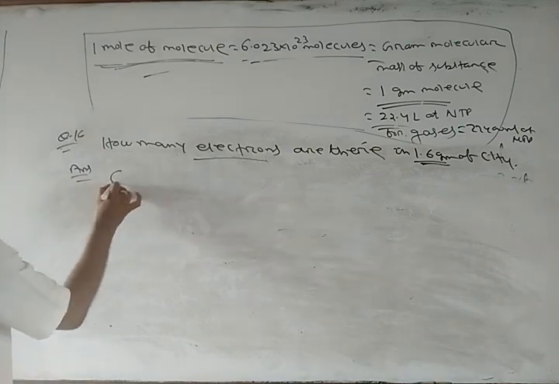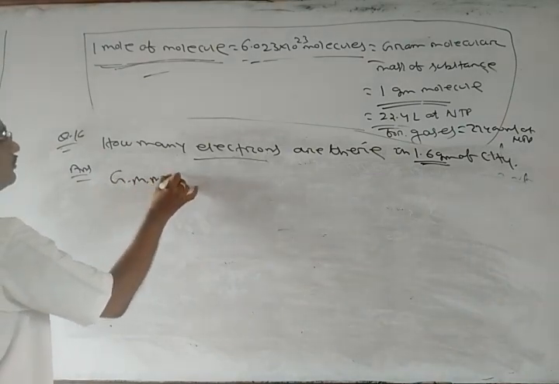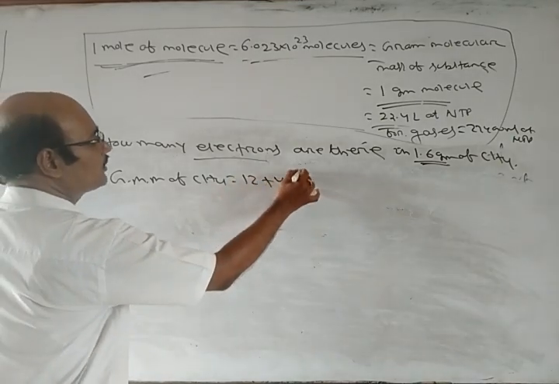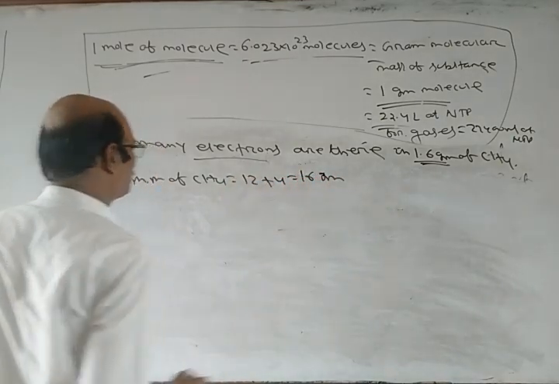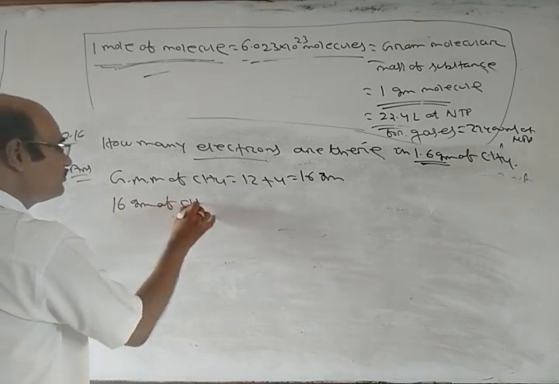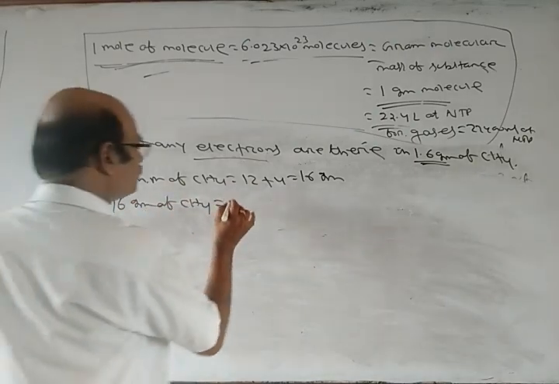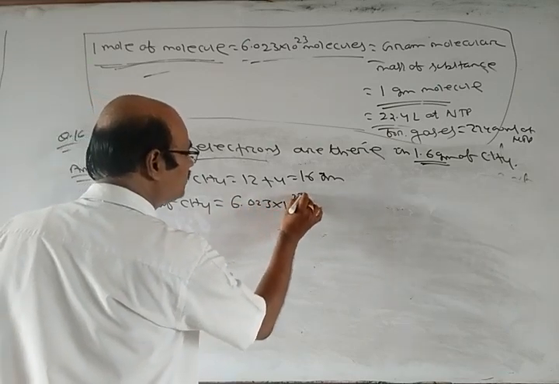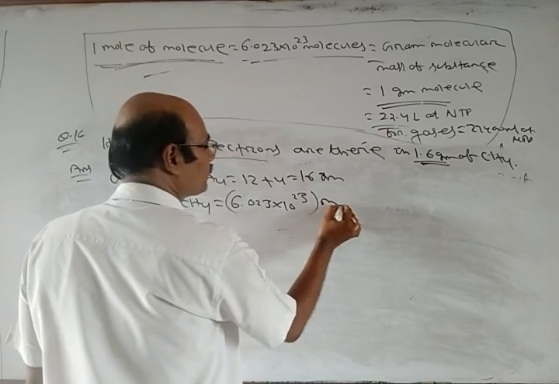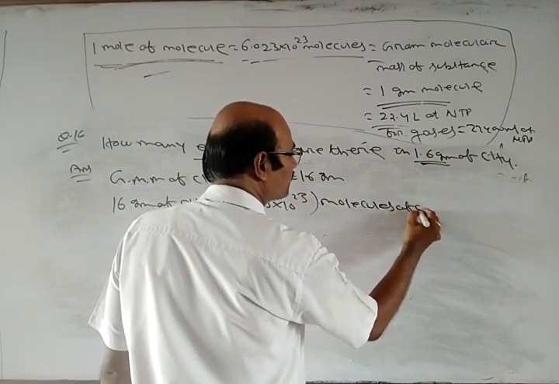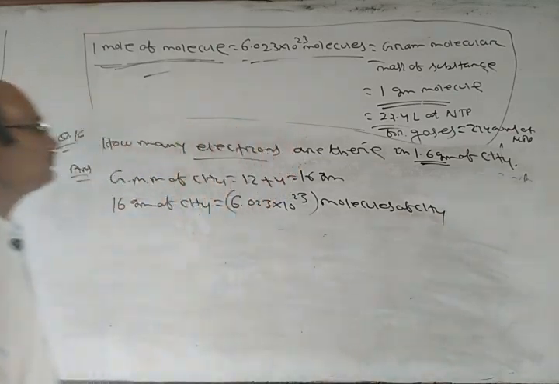So gram molecular mass of methane equal what? 12 plus 4 equal 16 gram. So 16 gram of methane is equal to 6.023 into 10 power 23 molecules of methane, right?